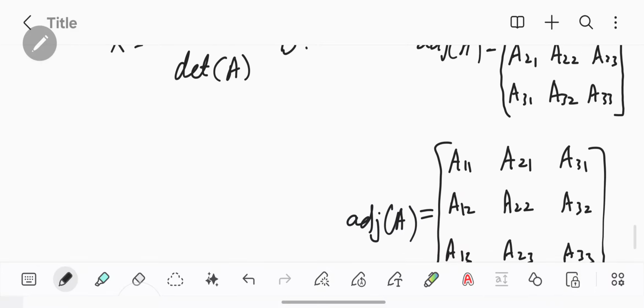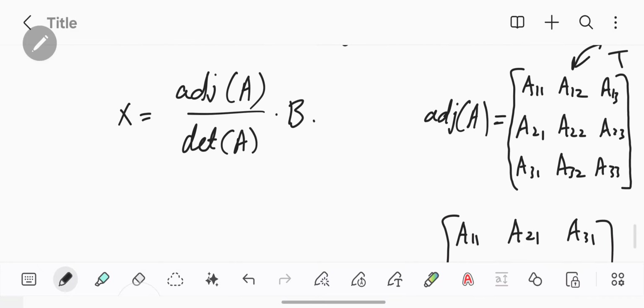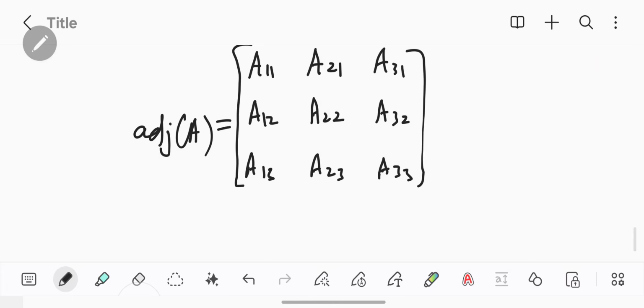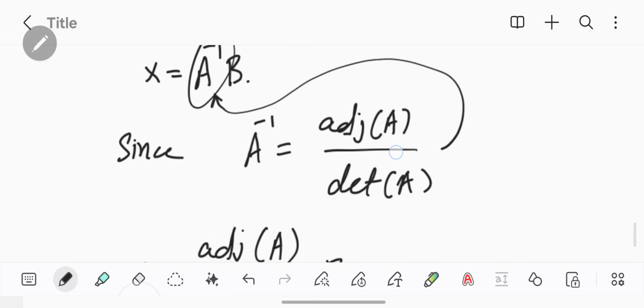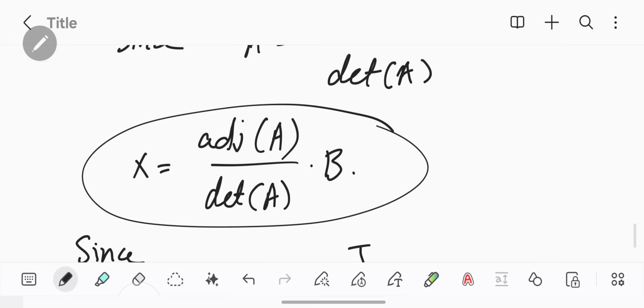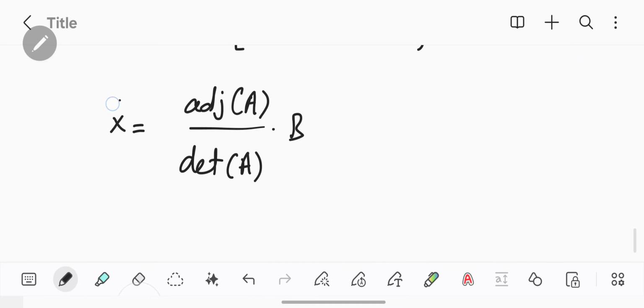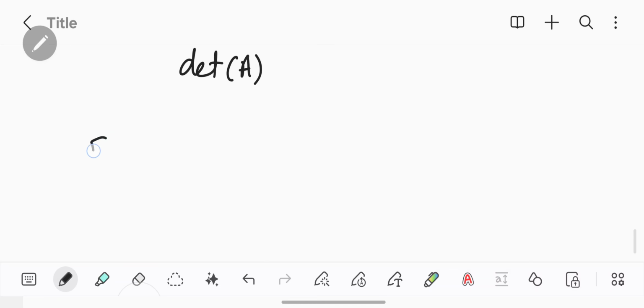Okay, so we know adjoint of A from the previous videos, so I can put this value here. But my x is actually x1, x2, and x3.